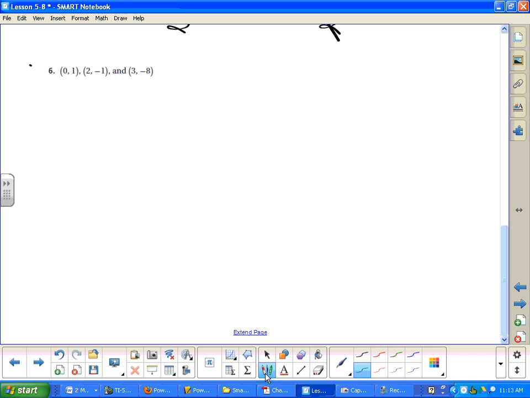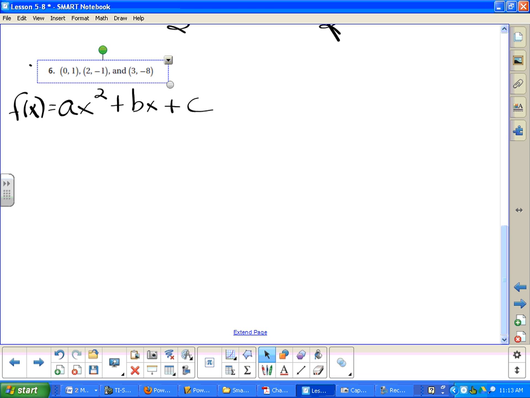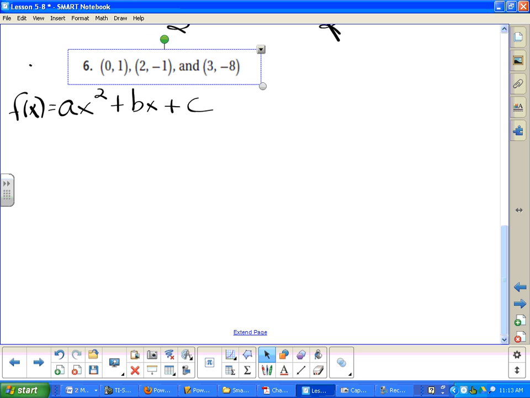Now, first of all, this is going to be f of x equals ax squared plus bx plus c. We're trying to find the quadratic function that fits those 3 points. So what I'm going to do is take each of those points, put the x values in for x, and the y values in for f of x.